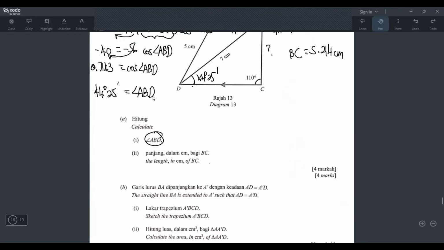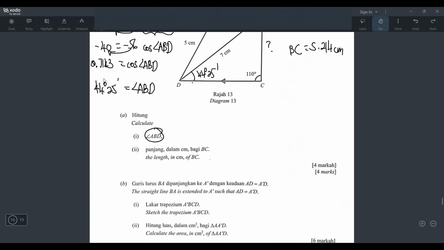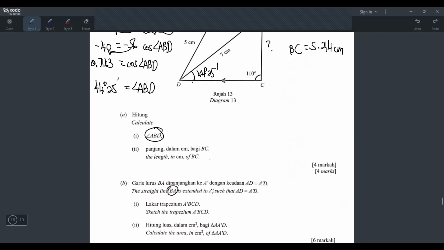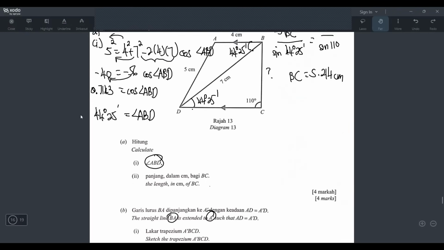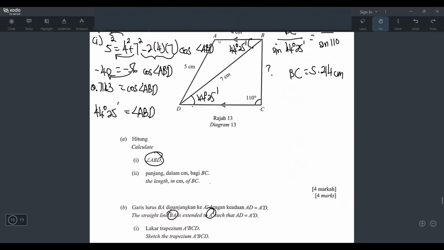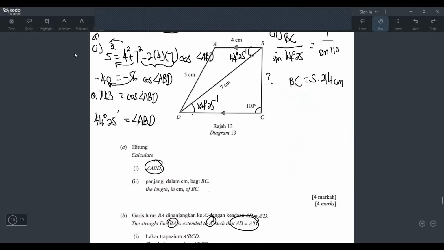Now I can do B. Okay, B asks us to, let's read the question. The straight line BA is extended to A prime. Where is it? BA is this line, is extended to A prime, okay? Such that AD equals A prime D. AD, oh, okay, I understand already. It's like the ambiguous case.